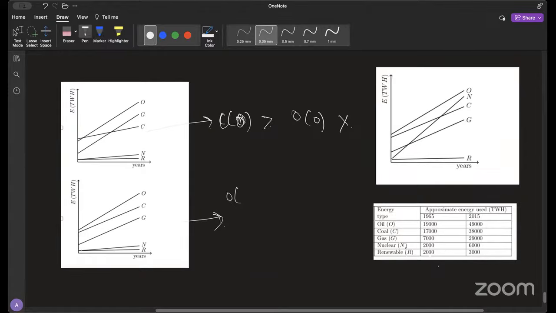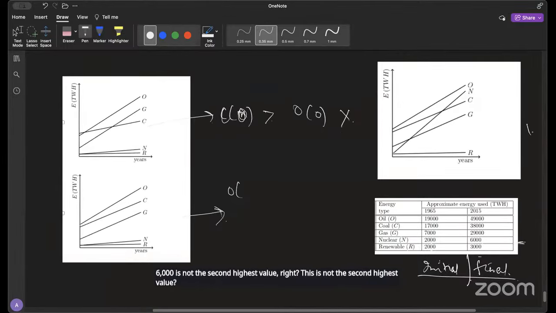But then finally, when you look at it, these are final values, and these are the initial values, right? So finally, this option says that the second highest value should be of nuclear, but this is not the second highest value here. 6,000 is not the second highest value, right? So this option is incorrect as well.